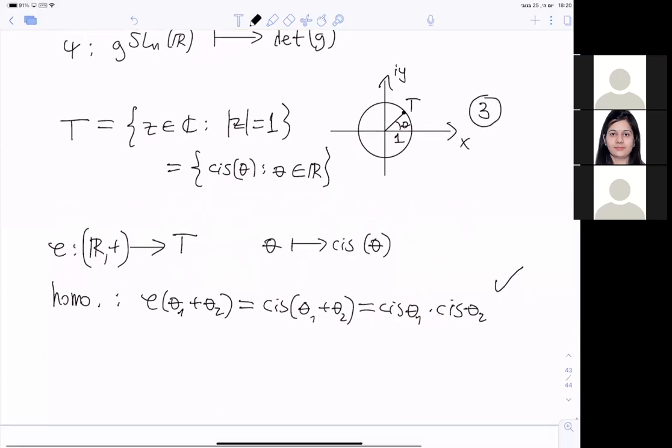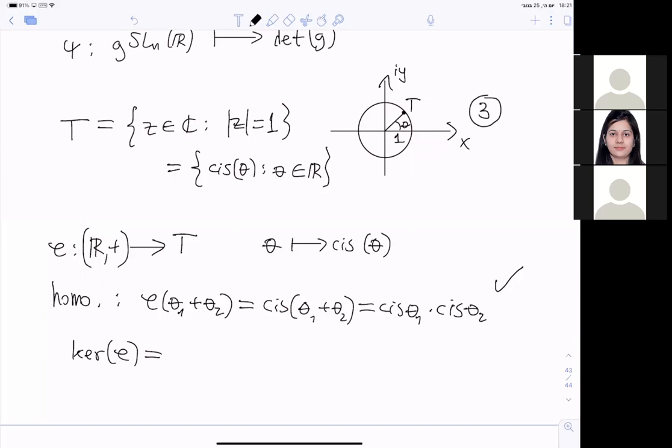And what is the kernel of this phi? What are the elements in R that get to 1 here? In other words, what are the angles whose cis is 1?